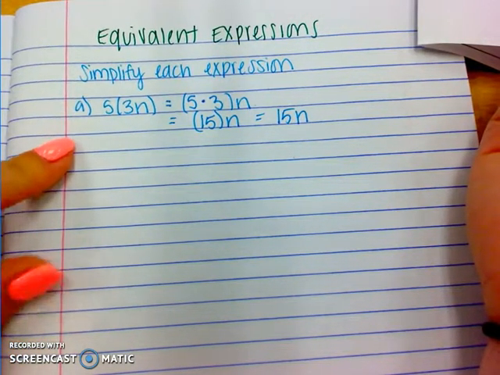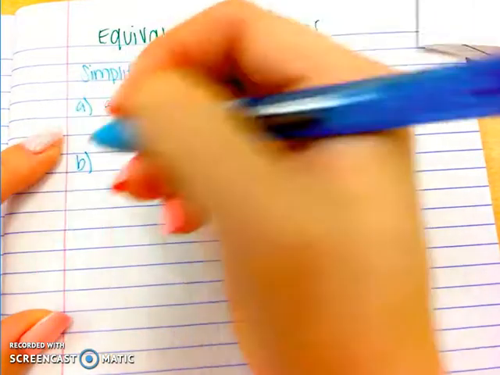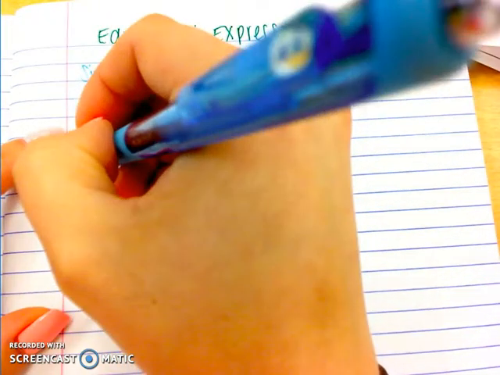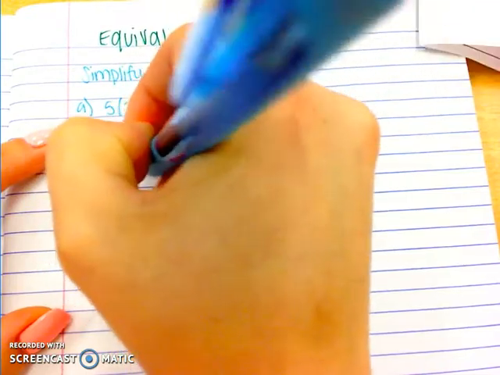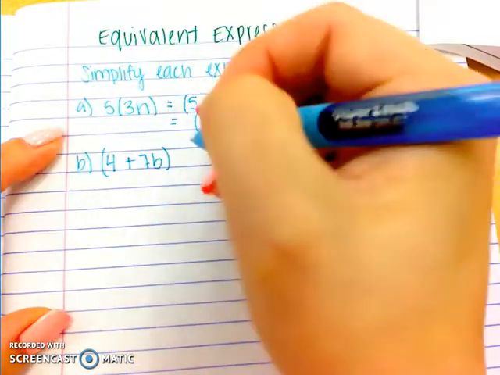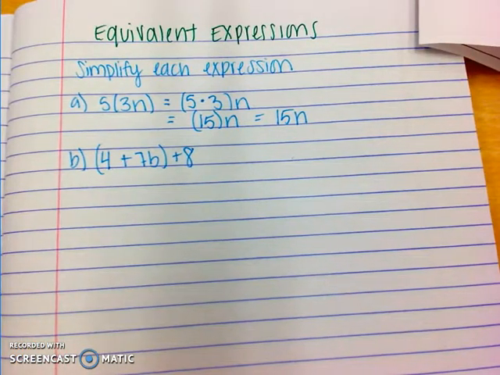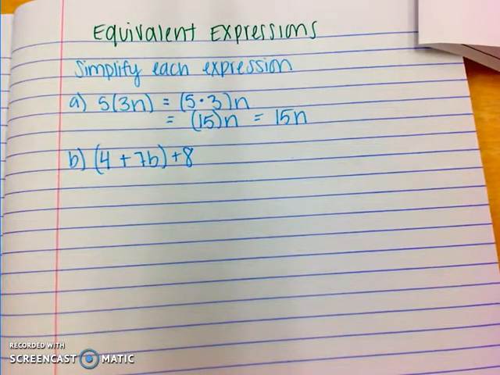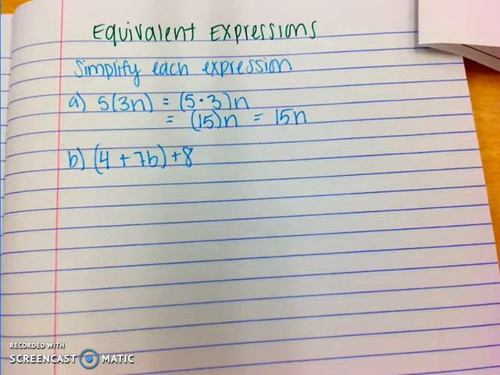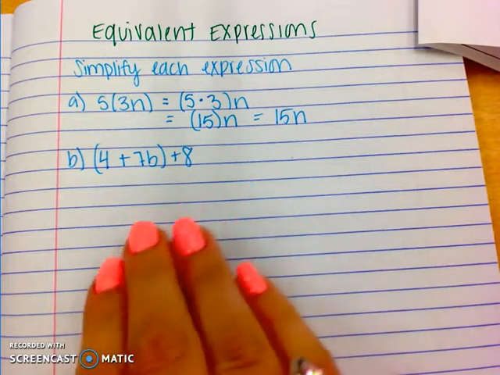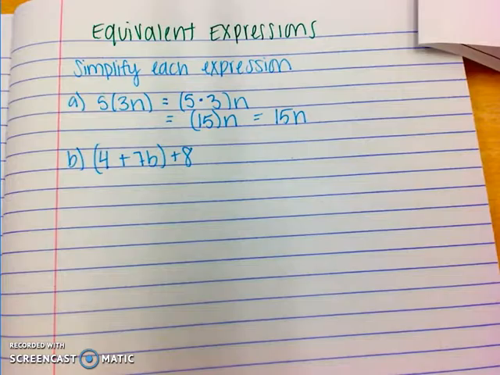Okay, so then let's look at an example. 4 plus 7b plus 8. Now officially, I could combine my like terms to simplify, but another way to do that is to write an equivalent expression by moving some of this stuff around.